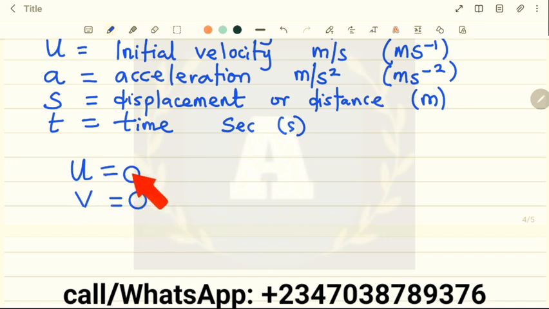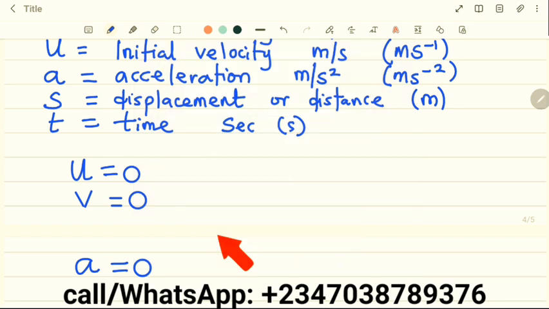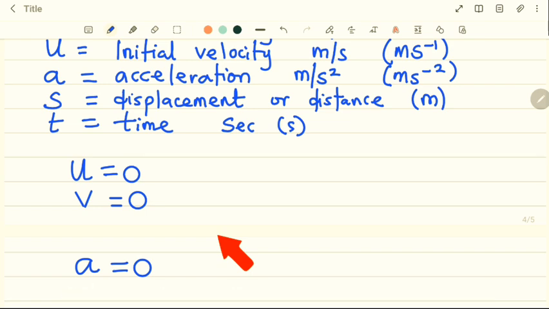When it starts from rest, U will be 0. And also, when an object is in constant speed or constant velocity, then the acceleration is going to be 0. Those are the important points you need to know.